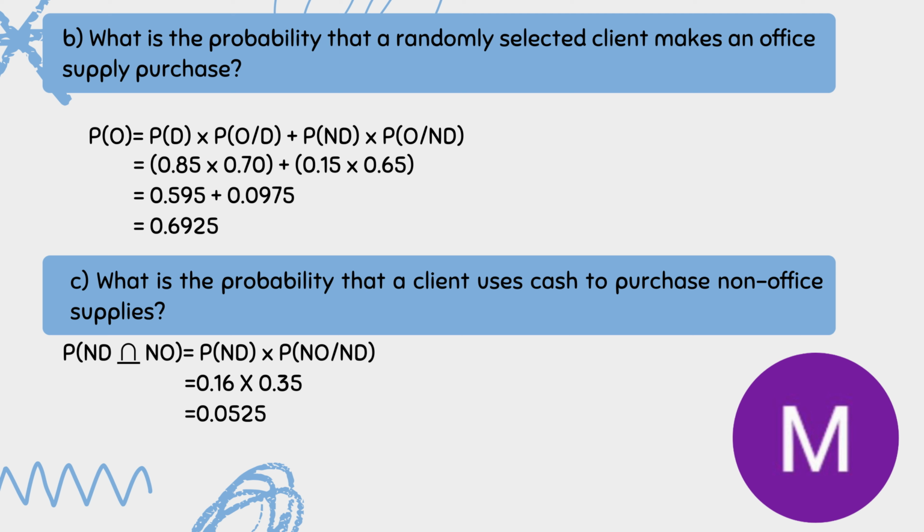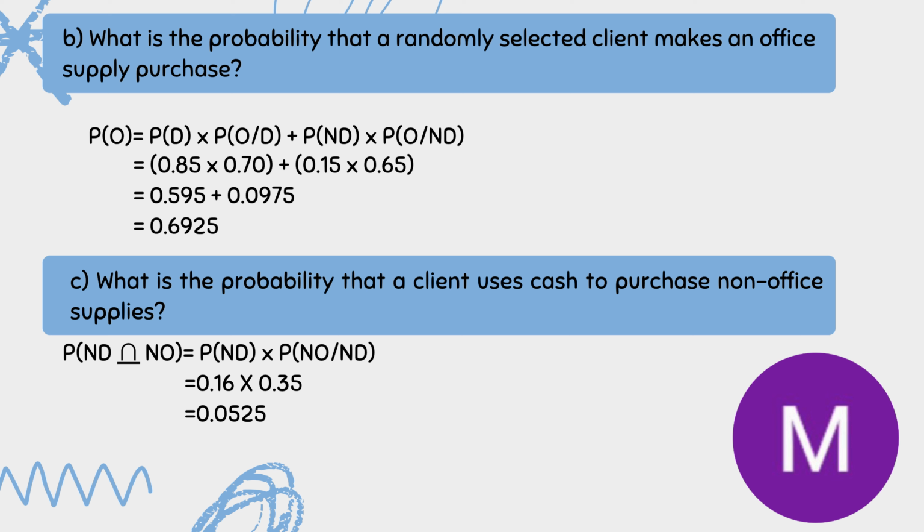Question B. What is the probability that a randomly selected client makes an office supply purchase? In this question, we use this formula: the probability of office supplies purchase equals the probability of digital payment times the probability of office supplies given digital payment, plus the probability of non-digital payment times the probability of office supplies given non-digital payment.